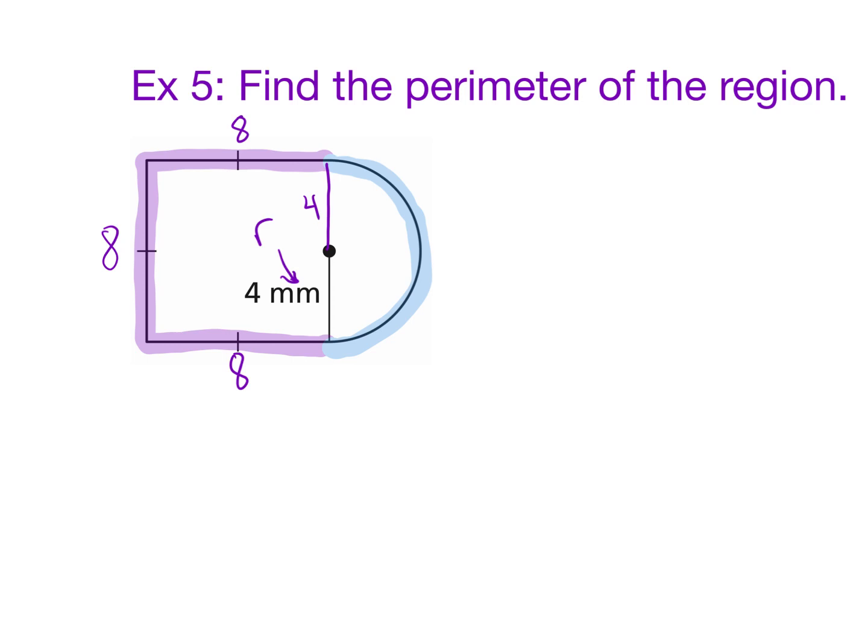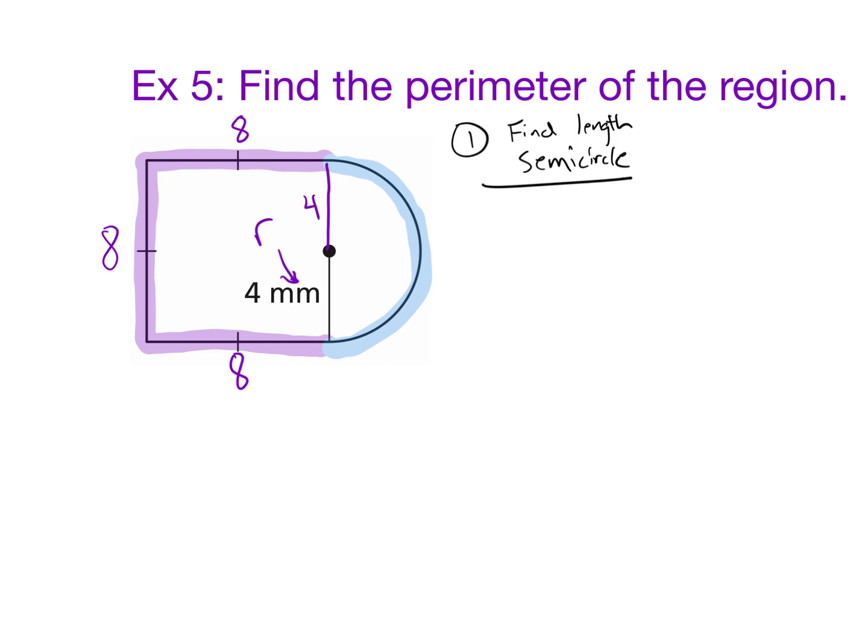But now I need to find the length of that semicircle. So the first step I want to do here, find length of the semicircle. So we'll do arc length, right?